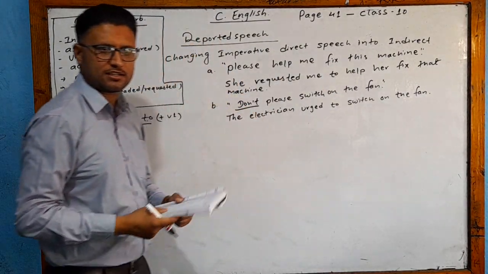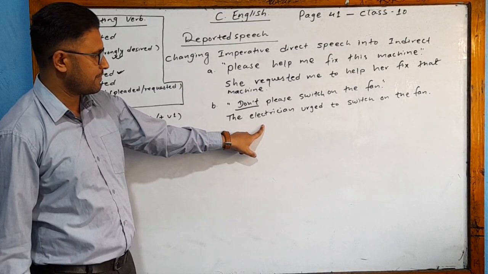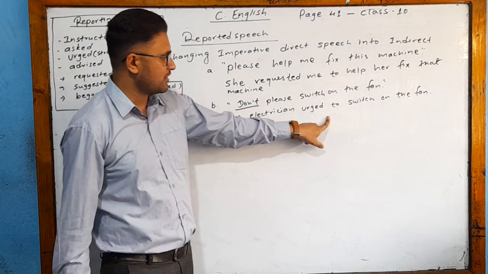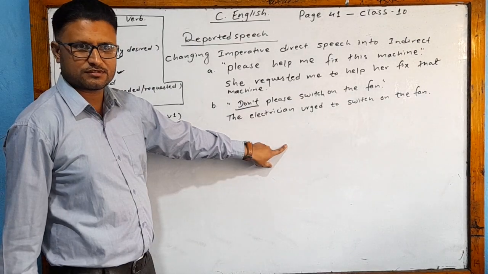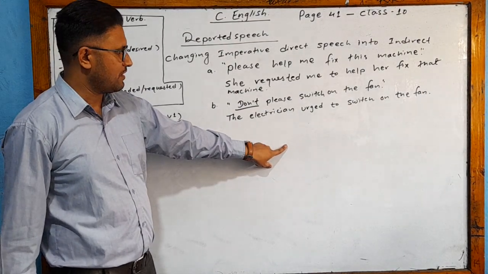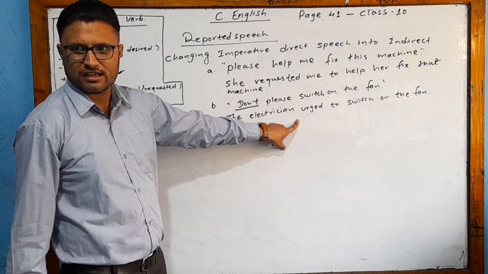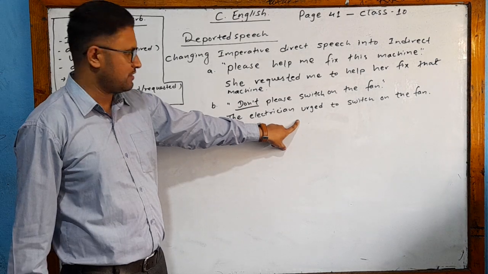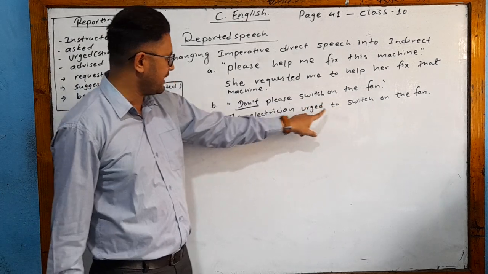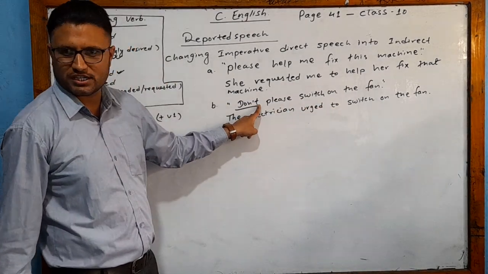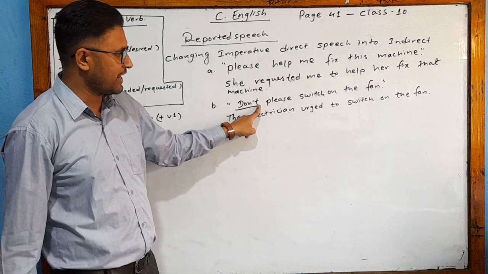Is this sentence correct? The electrician begged to switch on the fan. Isn't there supposed to be me, him, or her as object? Object is not compulsory. Instead of saying so, let's see the verb part. You can see do plus not here, right? The sentence is negative here. Do plus not has been used.